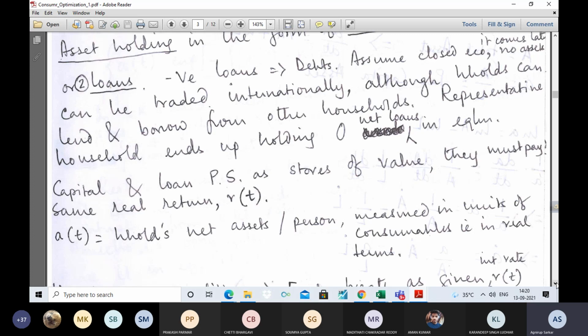Equilibrium literally means demand being equal to supply. Market clearance basically means the same, that demand would be equal to supply. So when we are looking into the labor market, what market clearance implies is that demand for labor is equal to supply of labor, and the household obtains the desired quantity of employment.